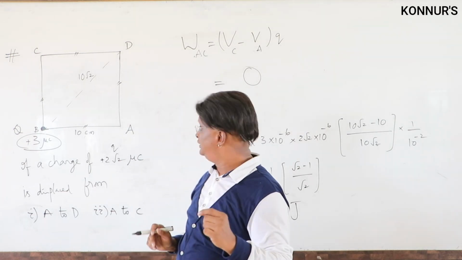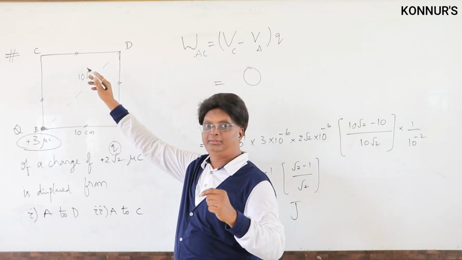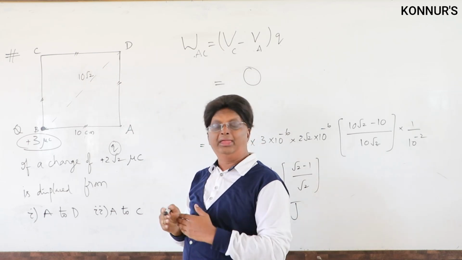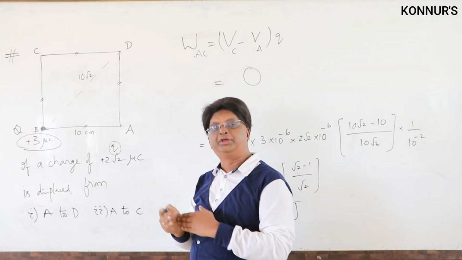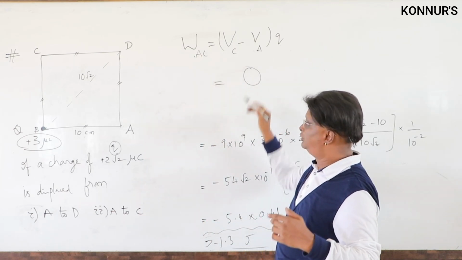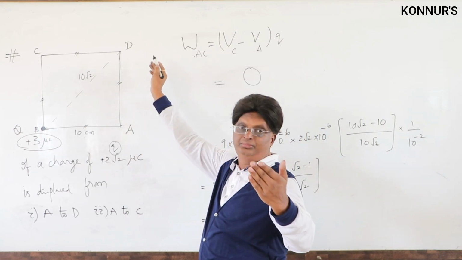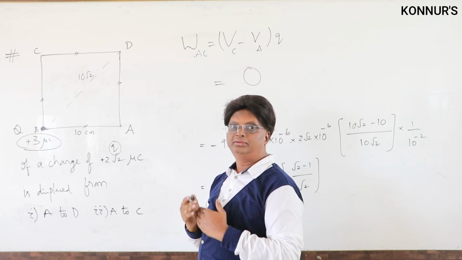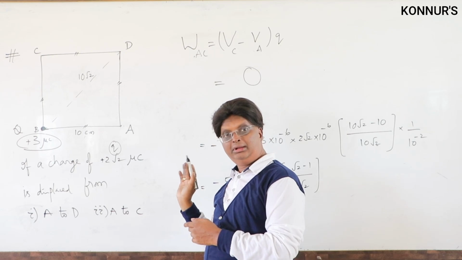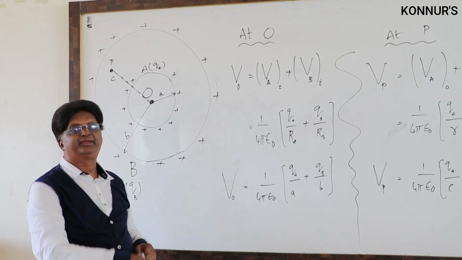Therefore, whether the charge is displaced from A to C directly or A to C via the point D or any other path, the work done will be the same. In this case, initially WAC is 0. Even in the third case, when it is displaced from A to D and then from D to C, work done is 0. So here 3 to 4 points are used, and therefore carefully observe this example and brush up your concepts.